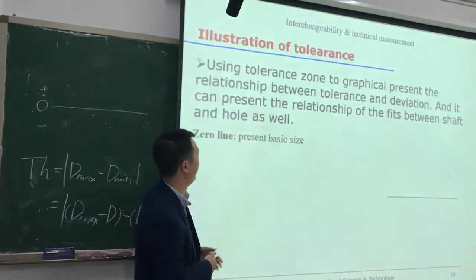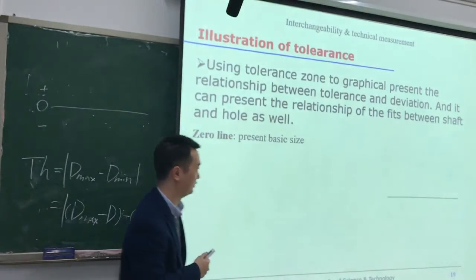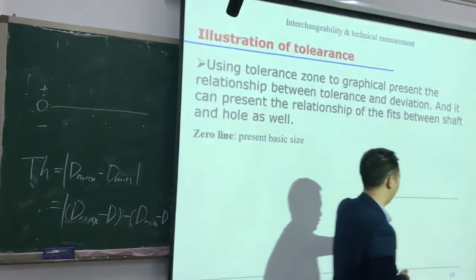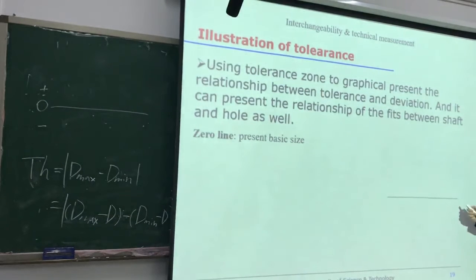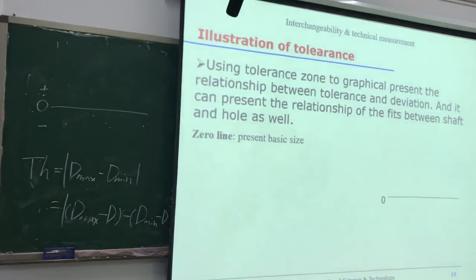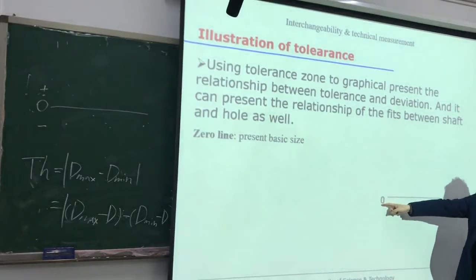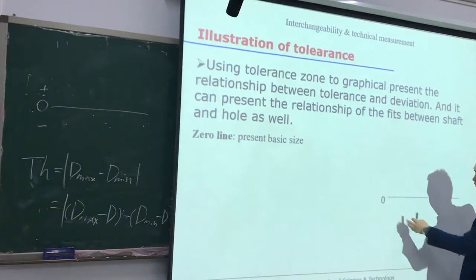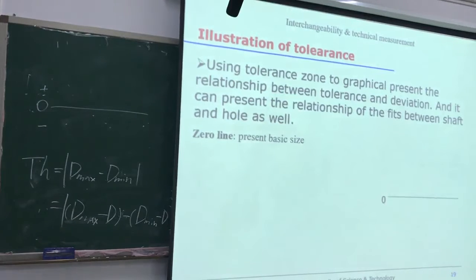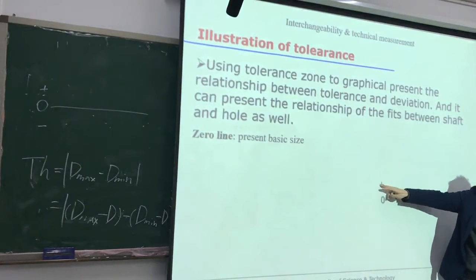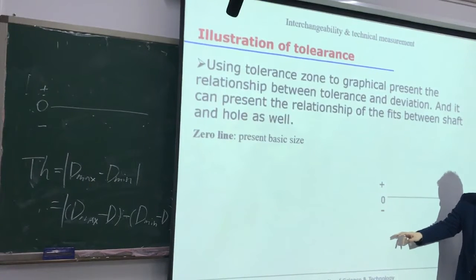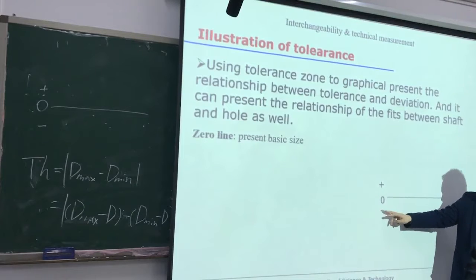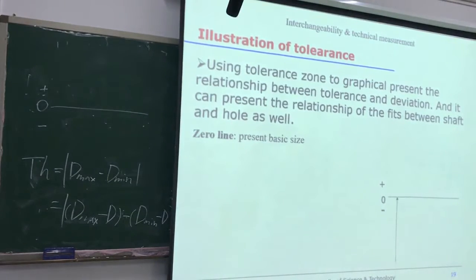First, how do we get the tolerance zone? First, we draw a line. This line is called the zero line. We need to write a zero at the left side. Above the zero line, we add a plus sign, and below it we write a minus sign.